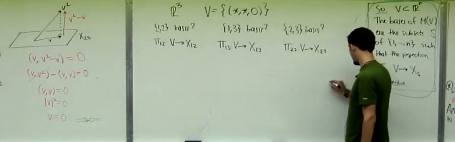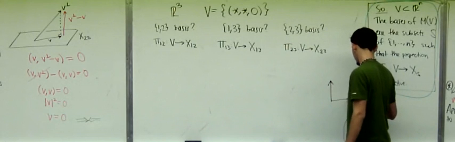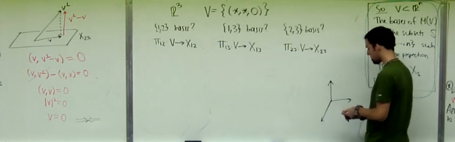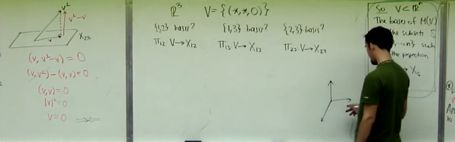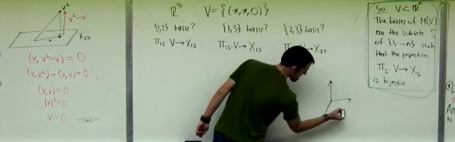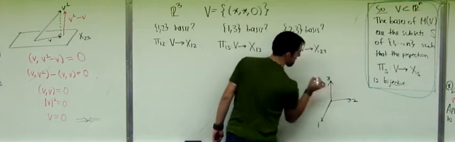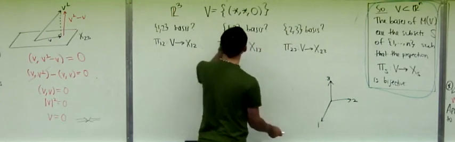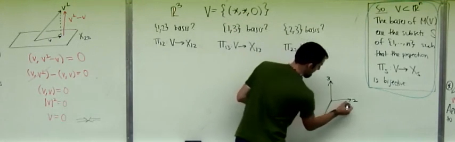So maybe I'll draw, say this is, let me get it right this time. So this, so 1, 2, 3. Okay. So the vector space that I'm considering, the subspace, is this guy right here.